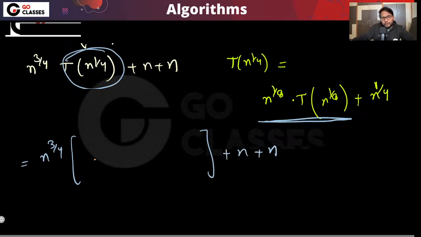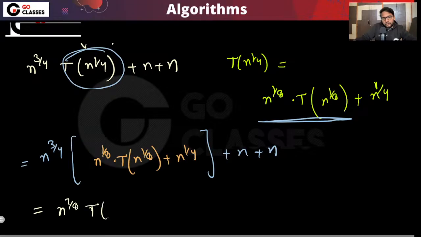This is n power 1 by 8 into T of n power 1 by 8 plus n power 1 by 4. Now you just multiply this 3 by 4 here, which is going to be n power 7 by 8 into T of n power 1 by 8, plus n plus n. Okay, I hope you understood.